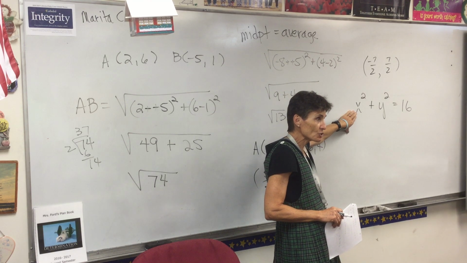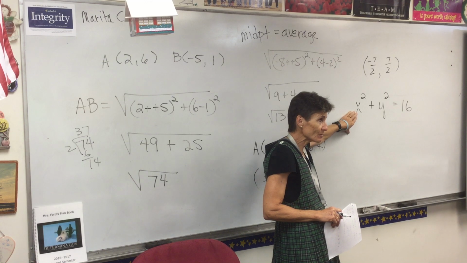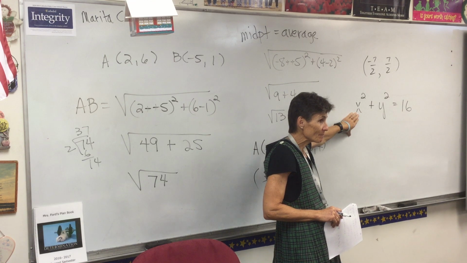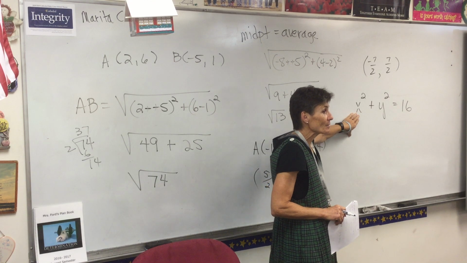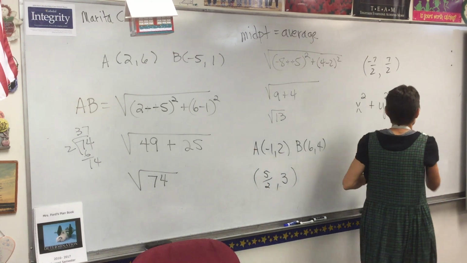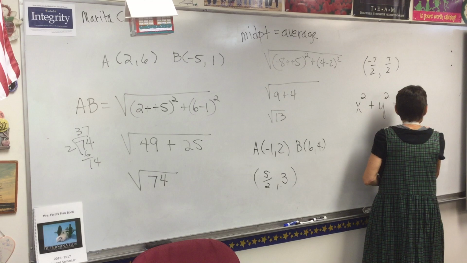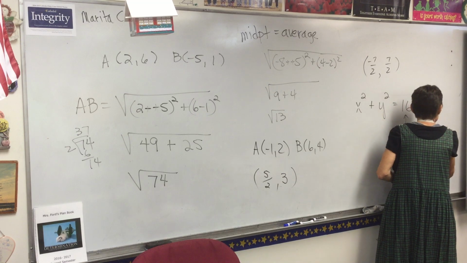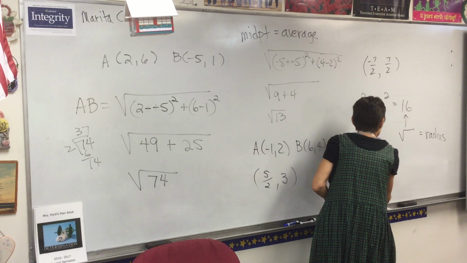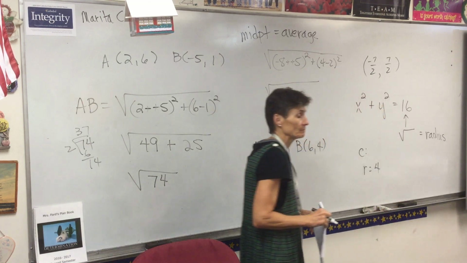Anybody have any recollection of what the center and the radius might be for this guy? Wouldn't the radius be 4? The radius is the square root of this number. Yeah. So if you square root that number, that gives you your radius. So for this circle, the radius is 4.